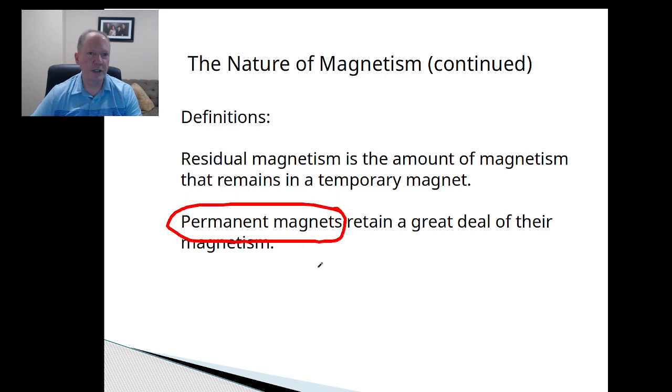Those are the ones found in our magnetic devices, such as our speaker systems or a magnetic lid. Here I have my little Yeti coffee cup, and the lid has a magnet on there, and that's a permanent magnet. It doesn't lose its magnetism.